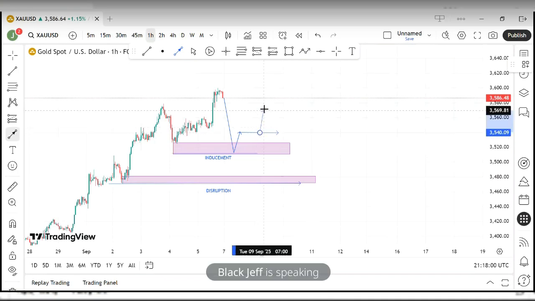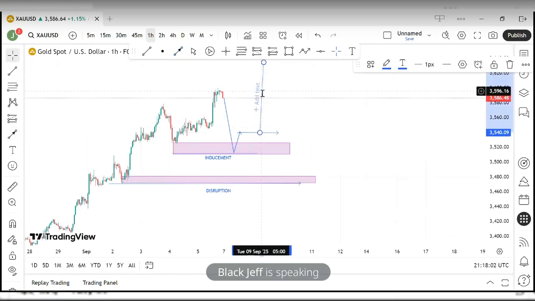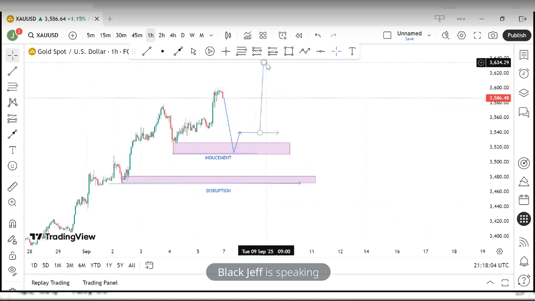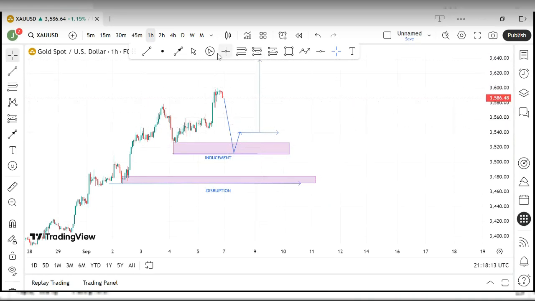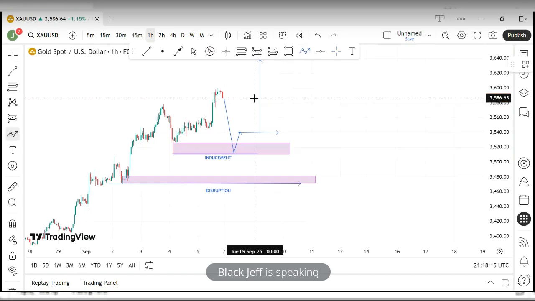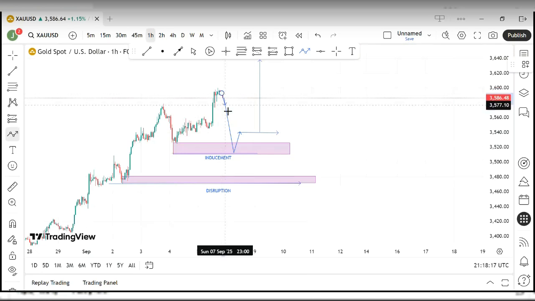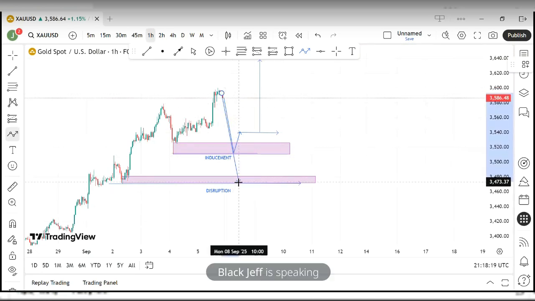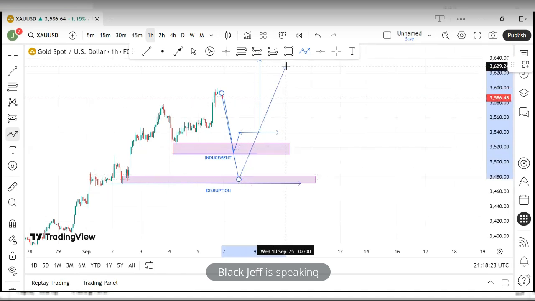The market has entered a valid zone, a valid internal, inducement, disruption, or any valid zone. Let the market be pushing off from there. Or in the case of a disruption, let the market enter a disruption and push off from there.